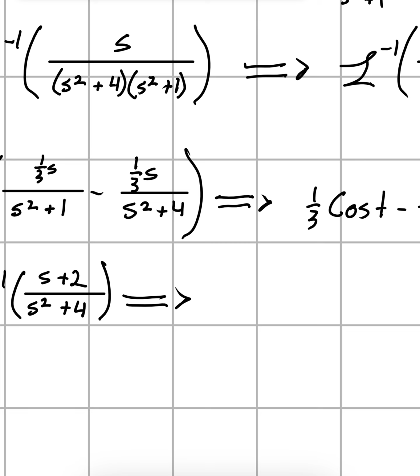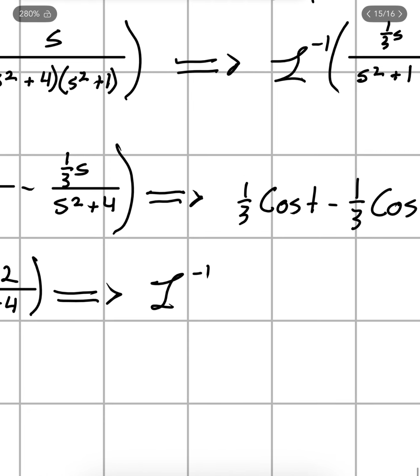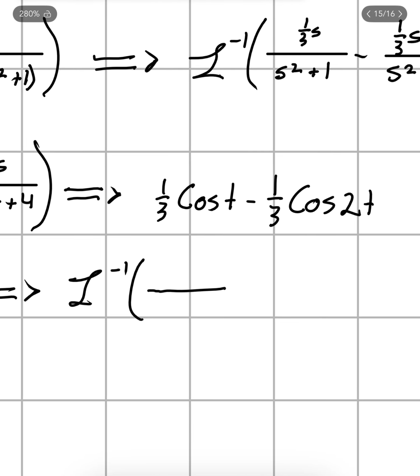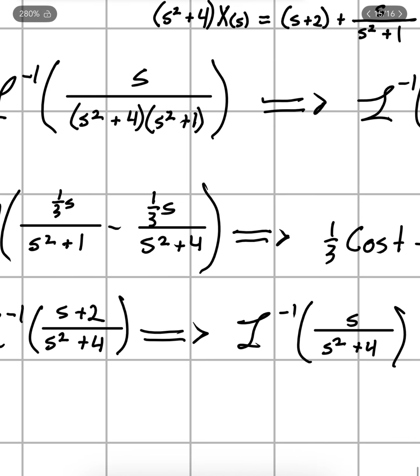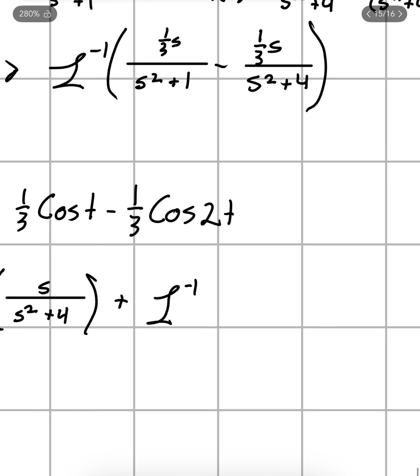The first one, we will just take s and divide it by s squared plus 4, plus 2 divided by s squared plus 4.